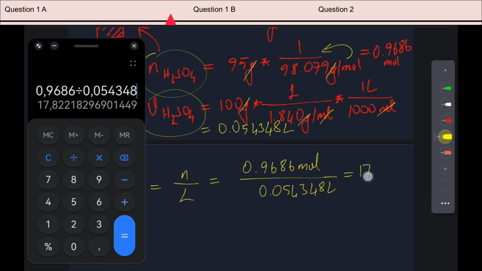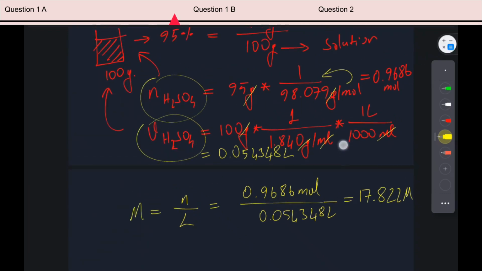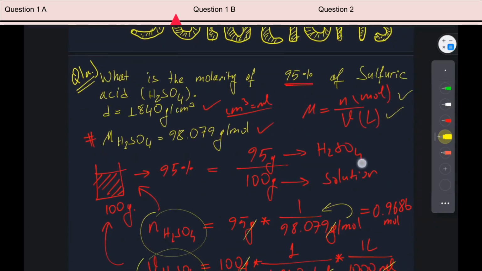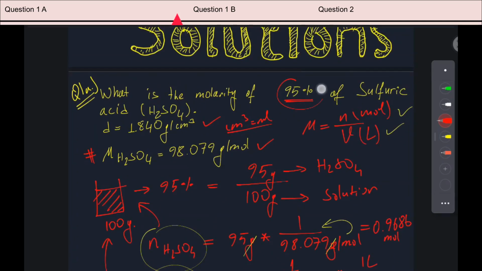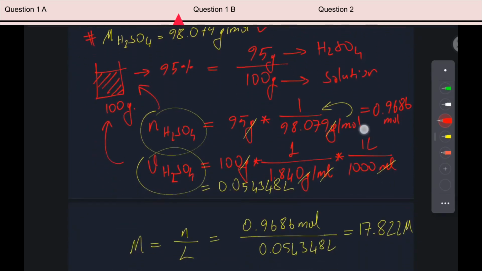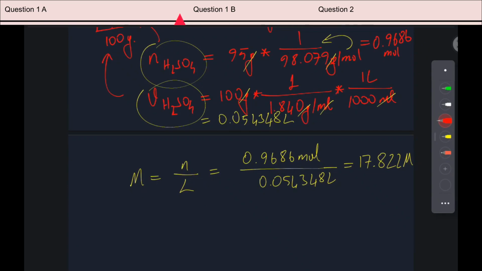So this is 17.722 molar. However, we have to be careful right now, since in the question we have two significant figures. So the answer should be two significant figures. The correct number should be 18 molar. So 95% H2SO4 is 18 molar.